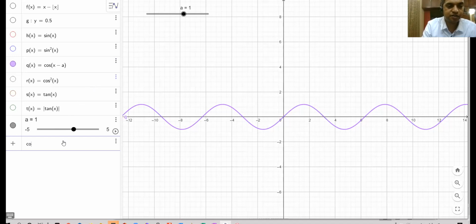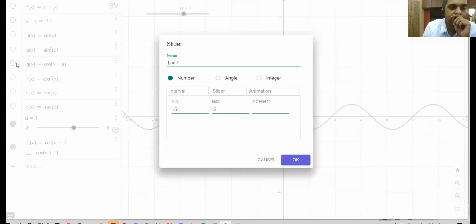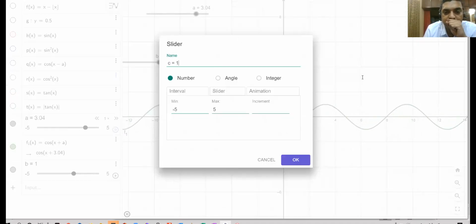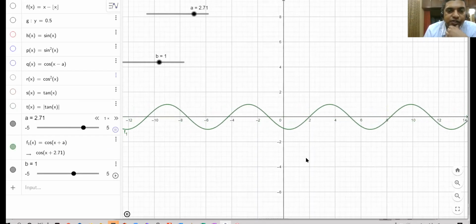I'm showing you, just observe this very carefully. Cos of x plus a. Now, see, I'm sliding this. See how the graph is moving?